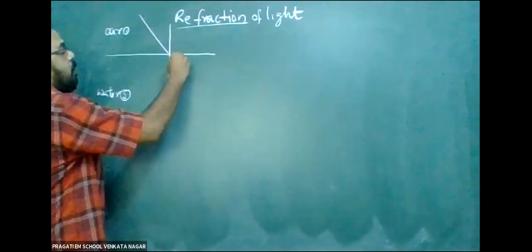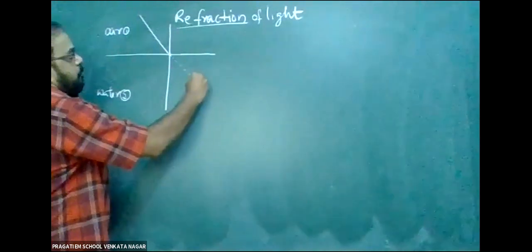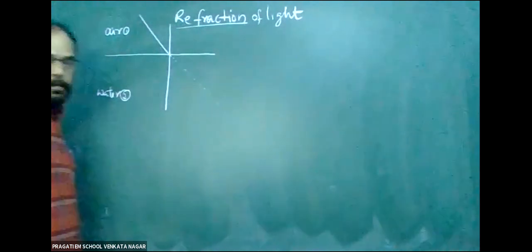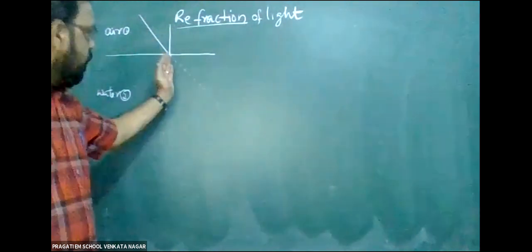Now, yesterday what we studied is, suppose there is no change in the optical densities of these two media, the light would travel in this direction. This is the original direction of propagation of the light.